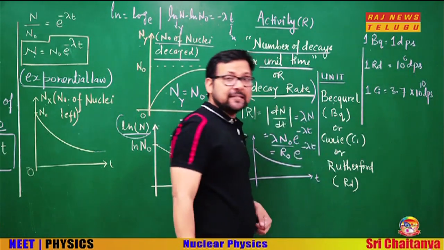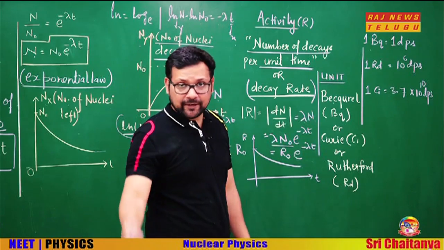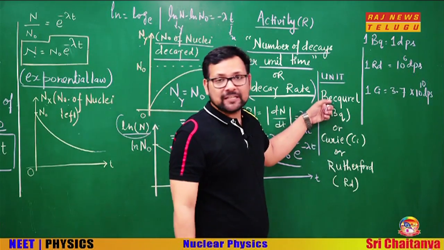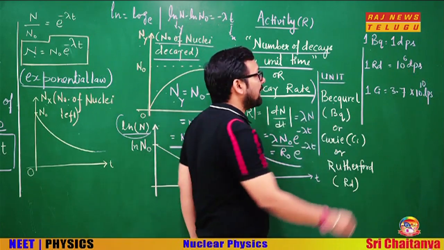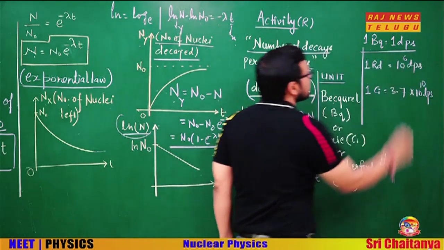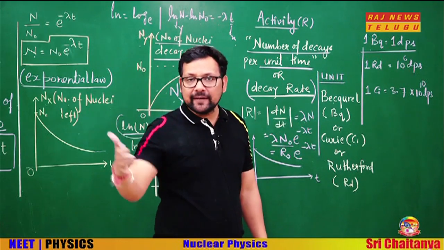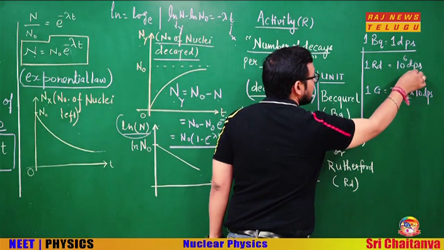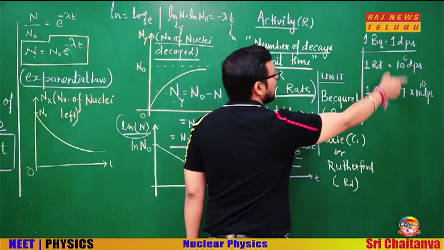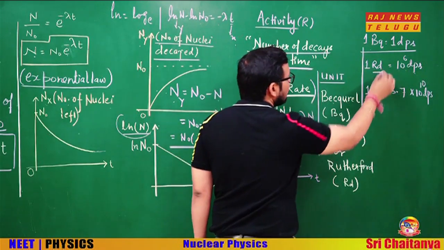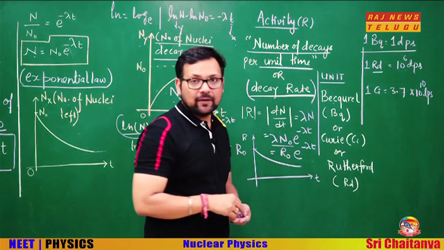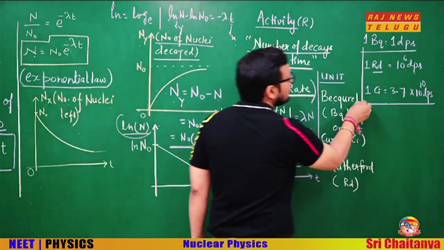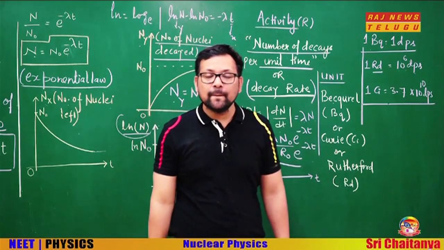Becquerel actually discovered the natural radioactivity that we are studying right now, so one unit is named after Becquerel. One becquerel is 1 disintegration per second. Now what is Rutherford? 10 raised to power 6 dps, 10 raised to power 6 becquerel, is 1 Rutherford. Then 1 Curie is 3.7 into 10 raised to power 10 disintegrations per second.